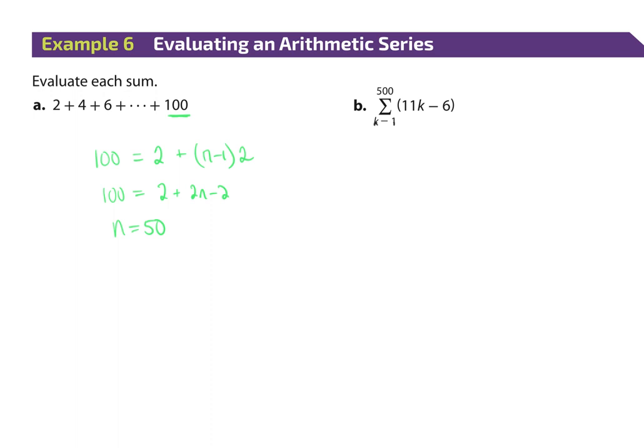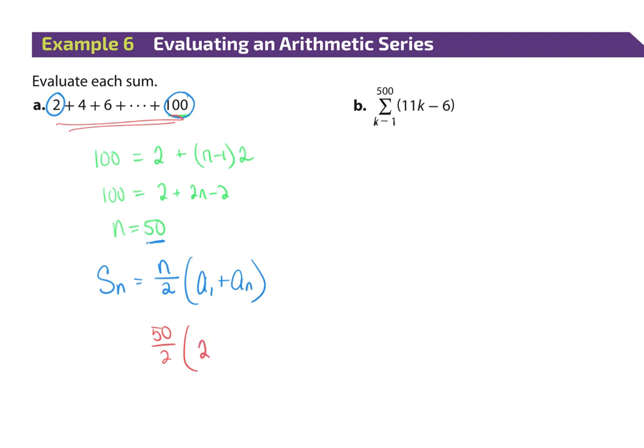So now I know how many terms I'm talking about. I know my starting term and my ending term. If I want to add all those numbers from 2 to 100 going up by 2, I would use the formula S of n. How many terms I have divided by 2, my first term plus my last term. And so I'm just going to plug in what I have. Number of terms, that is 50 over 2.